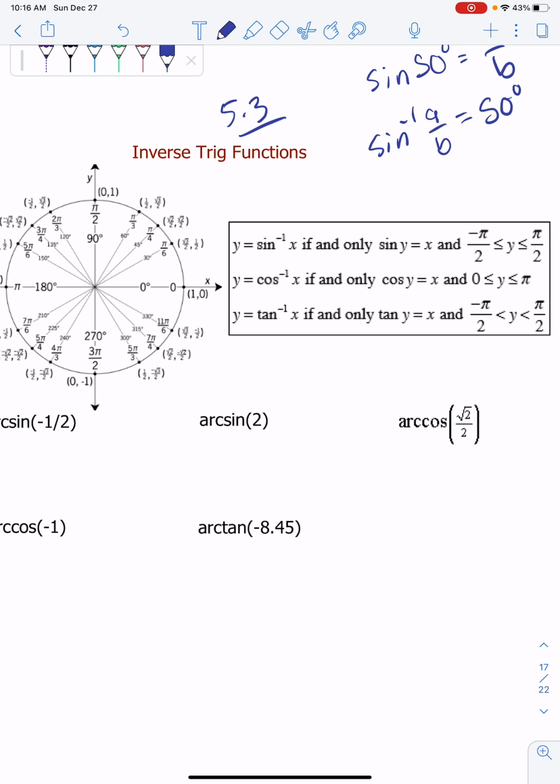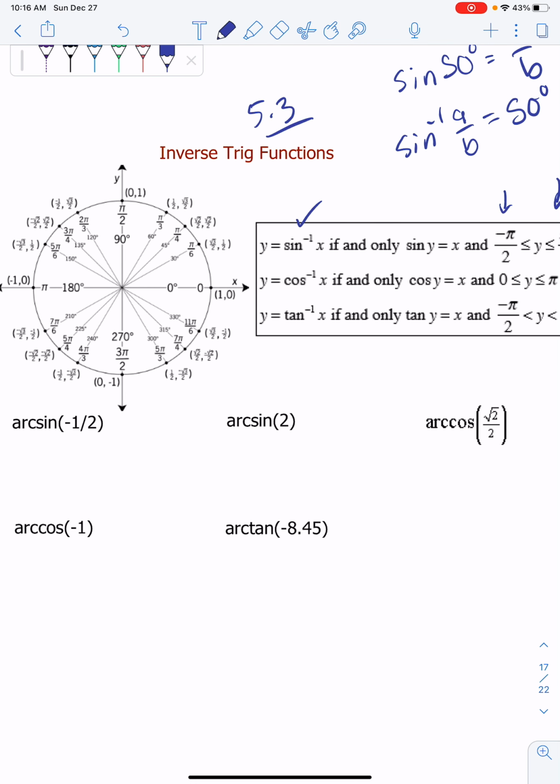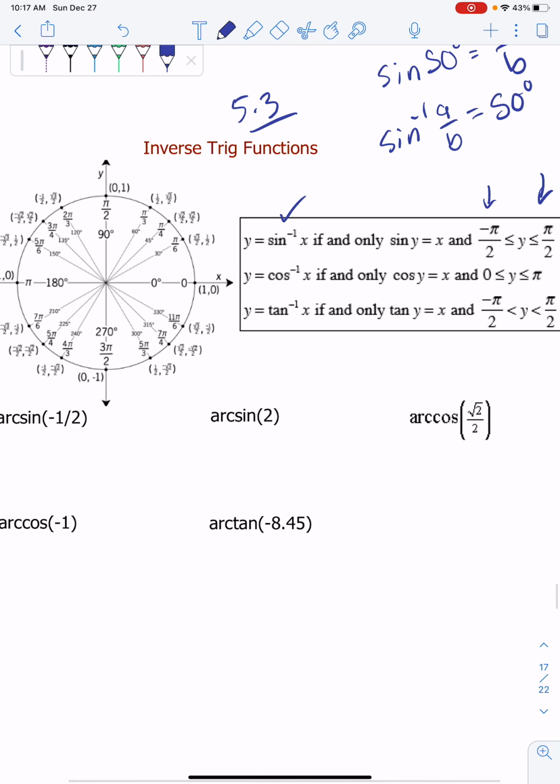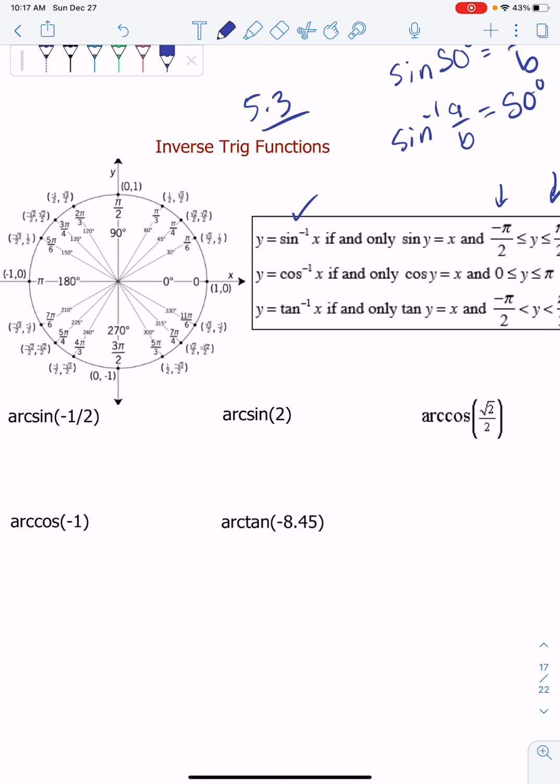We do have some limitations on our domain. When I'm working with inverse sine, my domain goes from negative pi halves to positive pi halves. When I'm dealing with those y values, I'm only working between negative pi halves and pi halves. Pi halves is up here, and negative pi halves is that same distance in the other direction, right here.